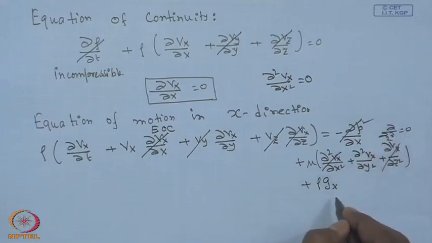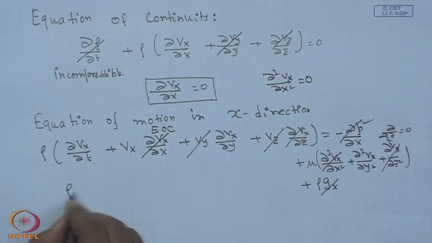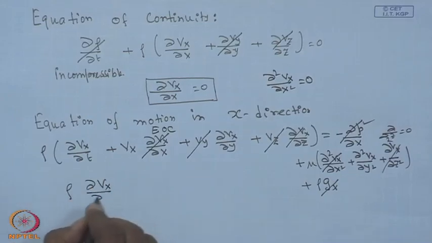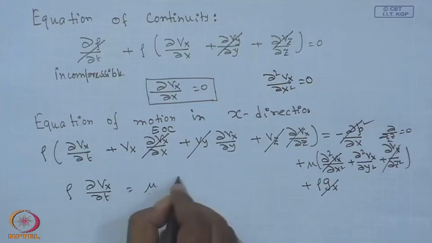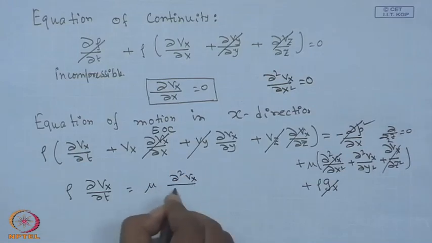And the x component of g will be equal to 0, because g is only in the minus y direction. So, we do not have any x component of g. So, therefore, what we have is rho del v x del t is equal to mu del square v x del y square.